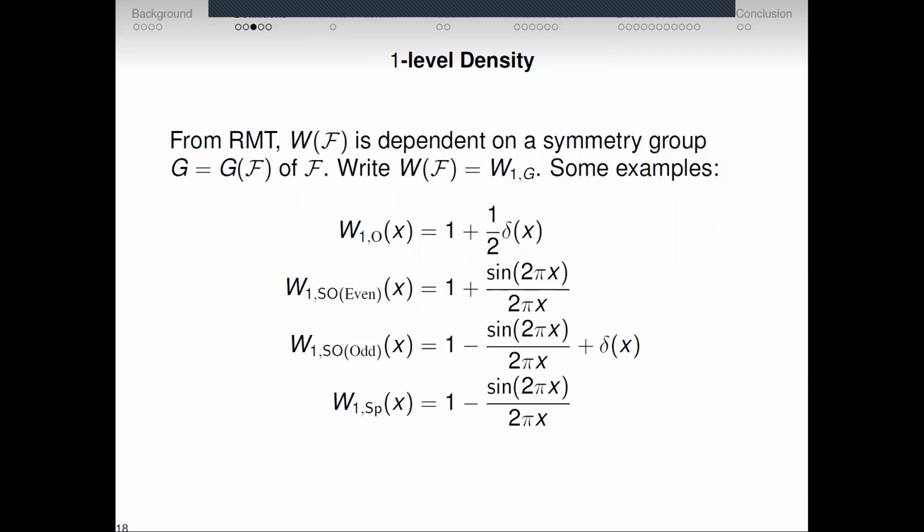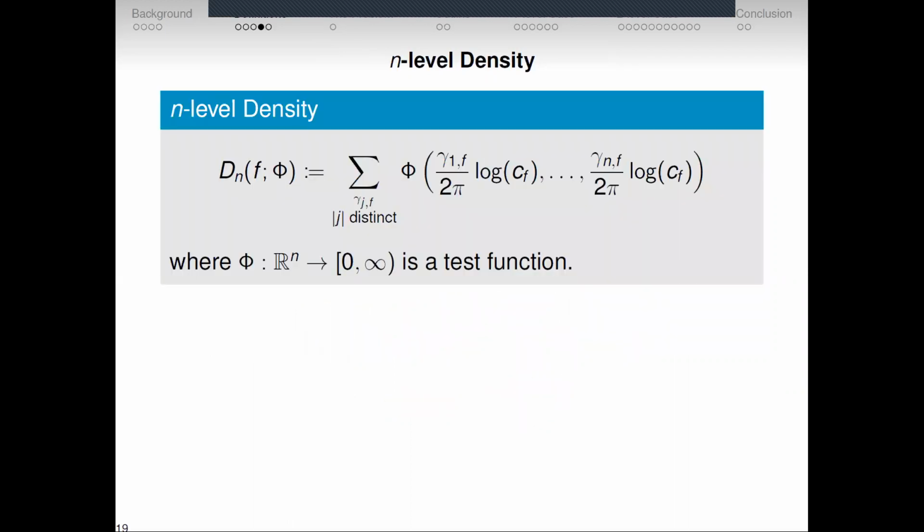We know from random matrix theory that this behavior is dependent on the symmetry group of F. So we can mix up both fields and compare notes, obtaining the following results for orthogonal, special orthogonal, and symplectic groups. For n-level densities, the results follow. The density formula is known, where phi is even, Schwartz, compactly supported, and with its Fourier transform compactly supported, positive at 0.